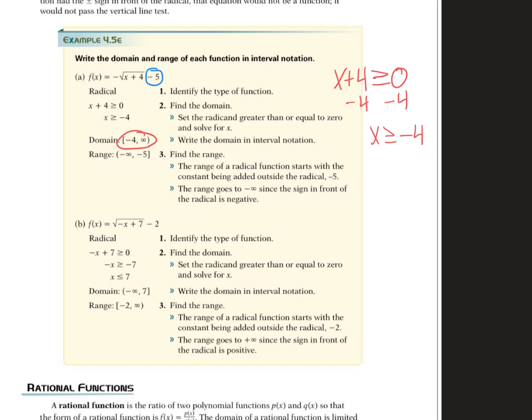But it's going to depend. We have this negative here that we have to consider, right? So that means our graph is going to be something more like this. We're going to start at, yeah, it comes up from -infinity and goes to -5. If that was positive, it would be -5 to +infinity.